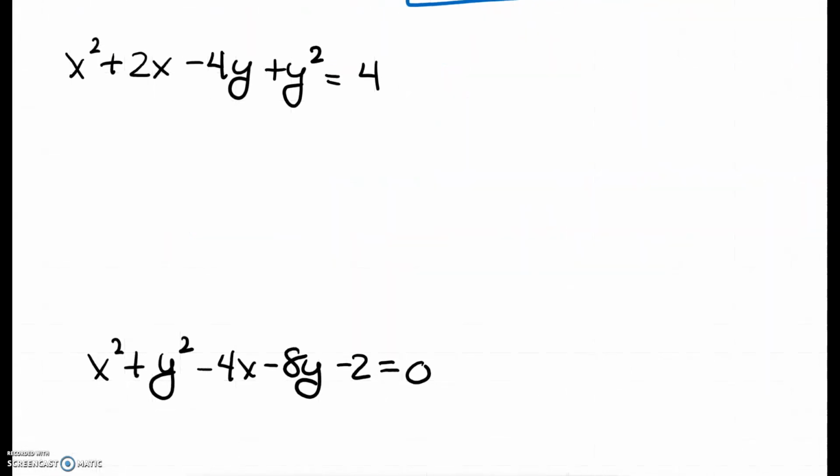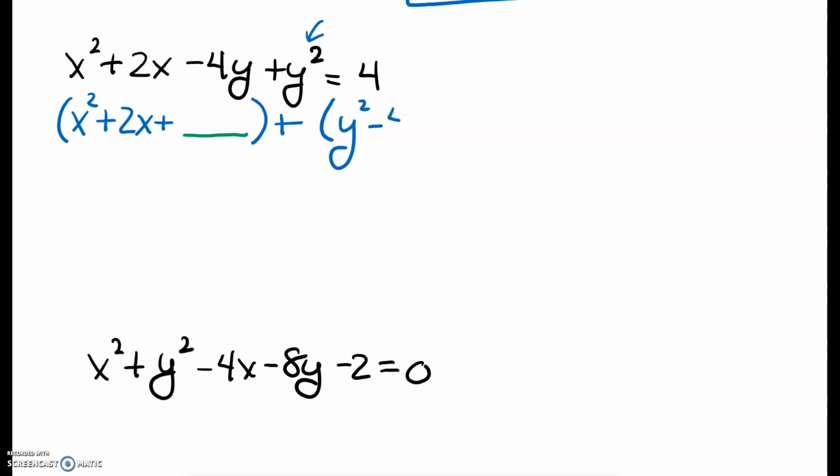Okay, so let's do the next one. I'm going to group my terms together that have like variables. Here I have an x squared and a 2x, and I'm going to leave some space because I'm going to have to add some number here to make that a perfect square. Plus, I like my squared terms first, so I'm going to move my positive y squared here.